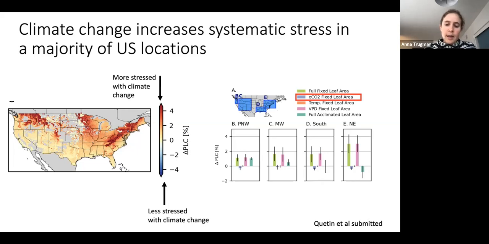And you can see, if you look in panels B through E, that there is a small ameliorating effect in terms of PLC space due to CO2. There's really a pretty minimal effect due to temperature, which you can see in each of the panels B through E, and a fairly large vapor pressure deficit effect, but it does actually vary depending on if you're in the central Western US, the Northwest, or the East Coast.